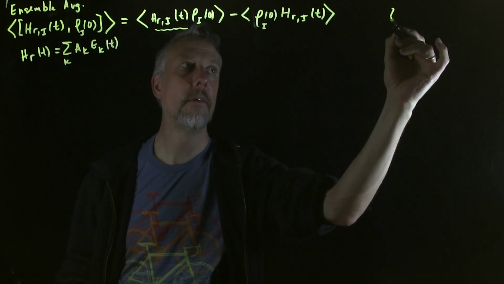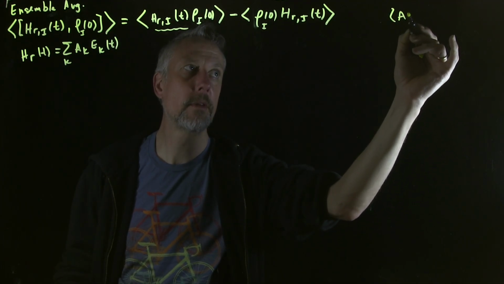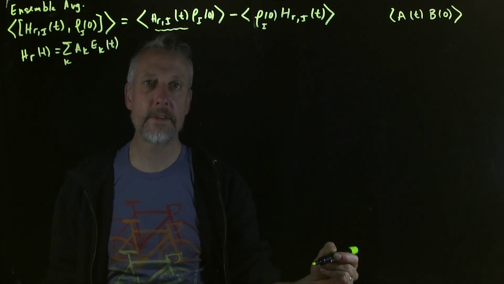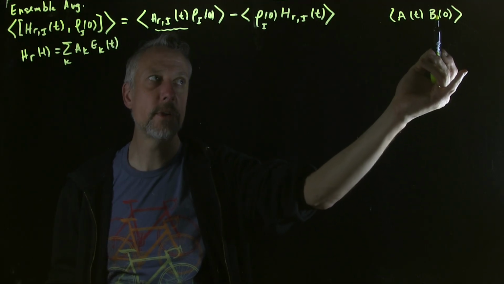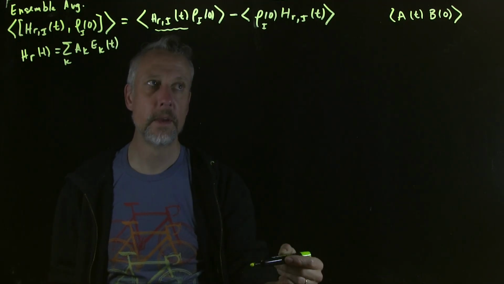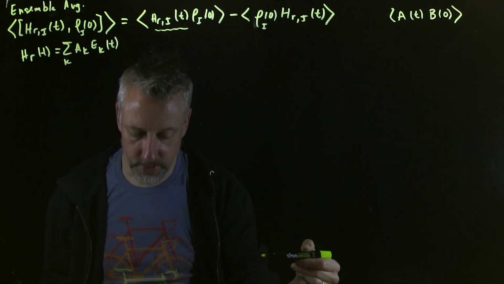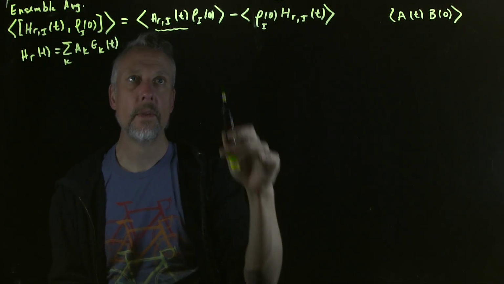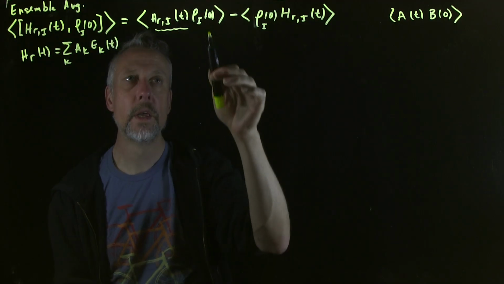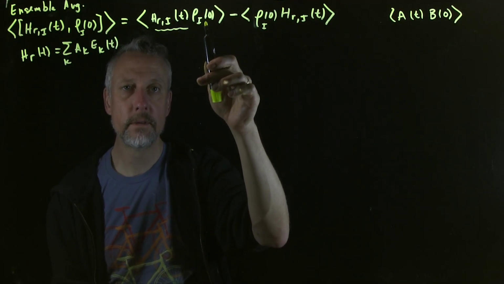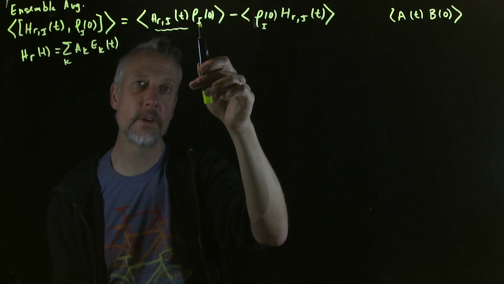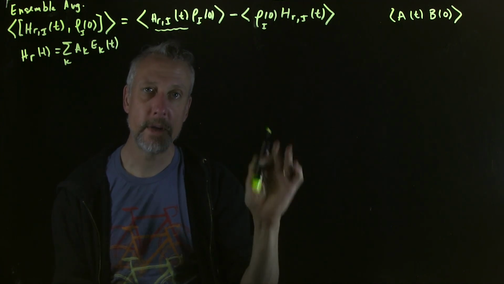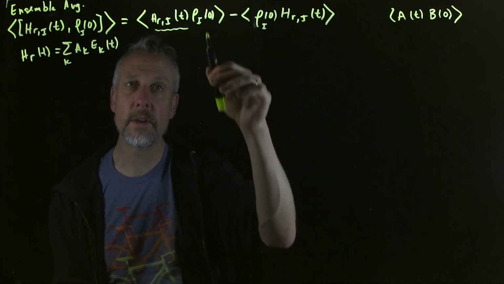Even in classical physics, if I have A of t, B of 0, this is asking what's the time correlation between B of 0 and A of t. And this reflects ensemble averaging over the whole thing. So if I convert this back into English, what is the correlation in time between the initial density operator? Remember, the initial operator doesn't depend on whether it's the interaction picture, Heisenberg picture, or Schrödinger picture; they're all the same at 0 time.